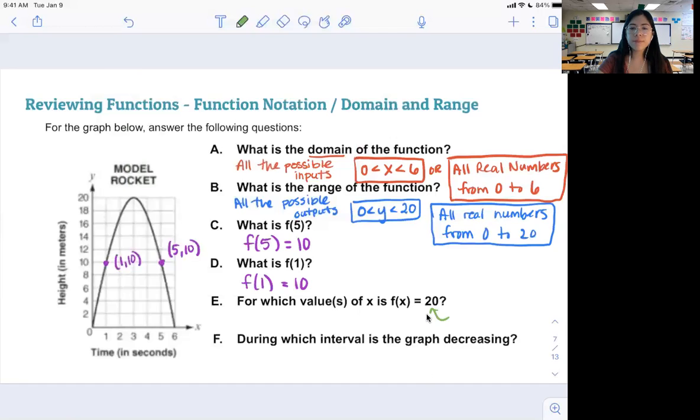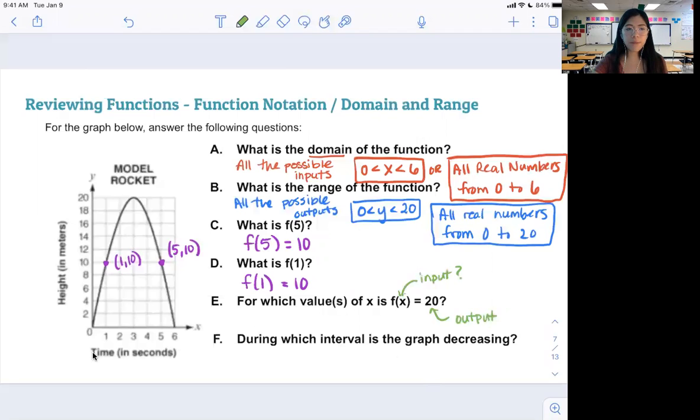Anyone? Would 20 be my input or would 20 be my output? Good, it would be my output. So they're giving me the output and they're asking me, what's the input? Yeah, so this is backwards.